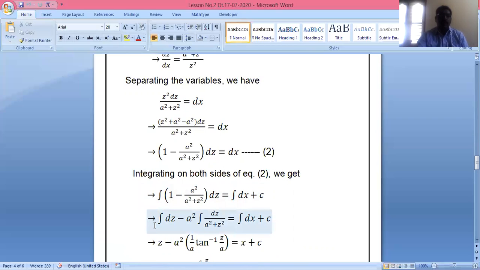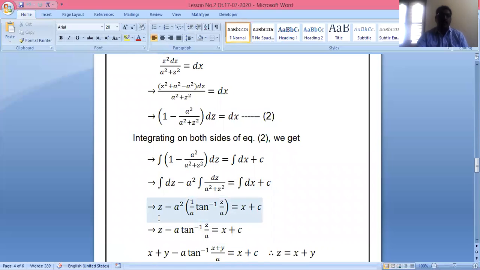That implies ∫dz − a² ∫dz/(a² + z²) = ∫dx + c.